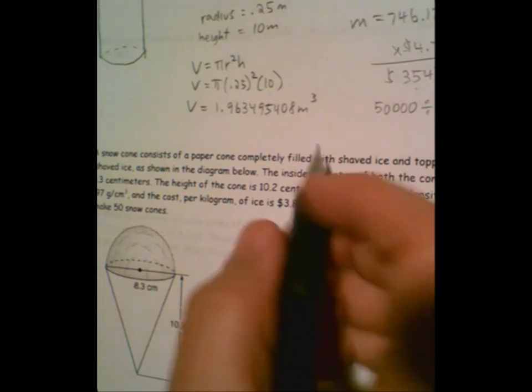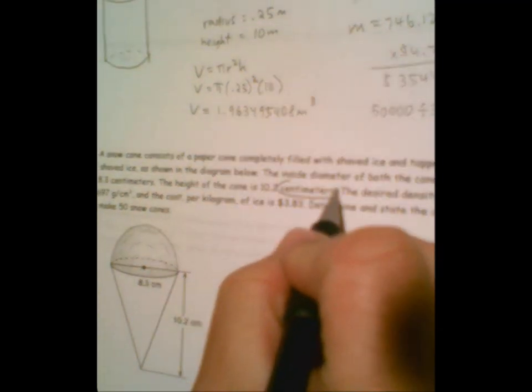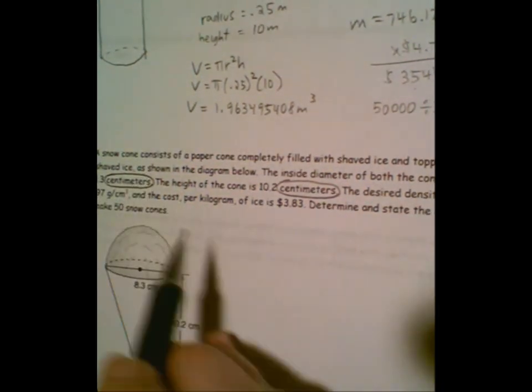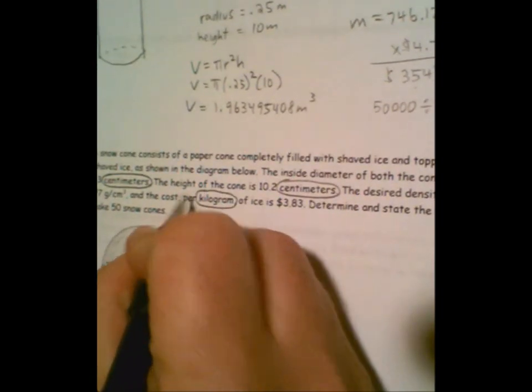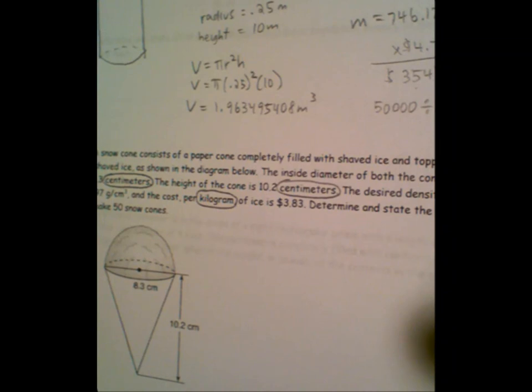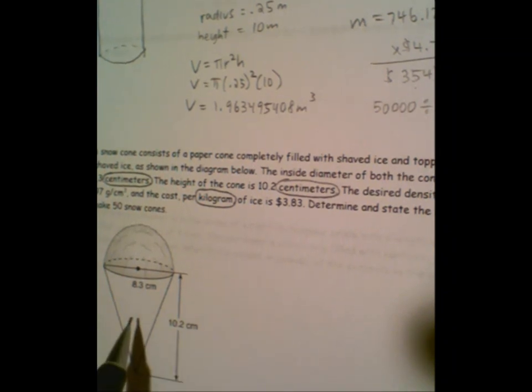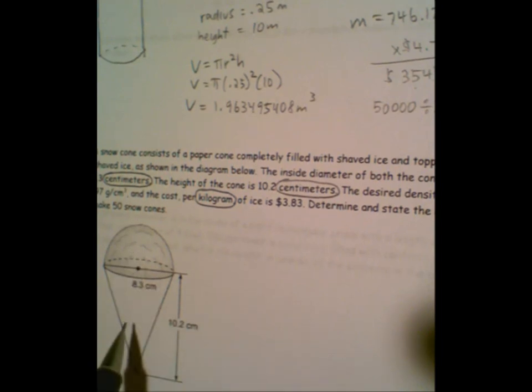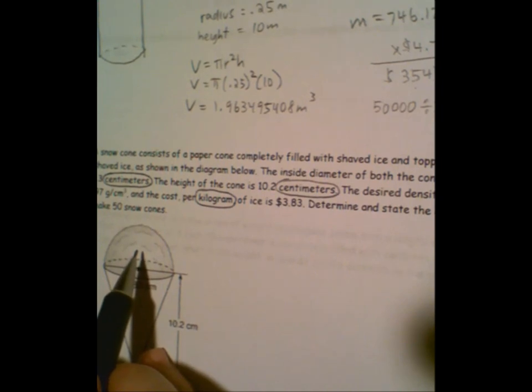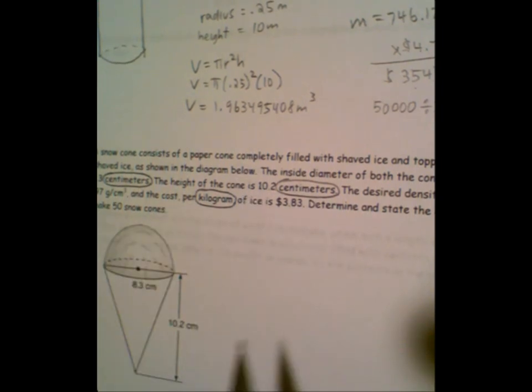So let's see. We had centimeters here, that was good, and centimeters here. And then it was the cost per kilogram. Okay, so to do this next problem, what you're going to have to do is find the volume of a cone plus 1/2 the volume of a sphere. You're going to get the volume of the whole thing, and then density is equal to mass over volume, right?